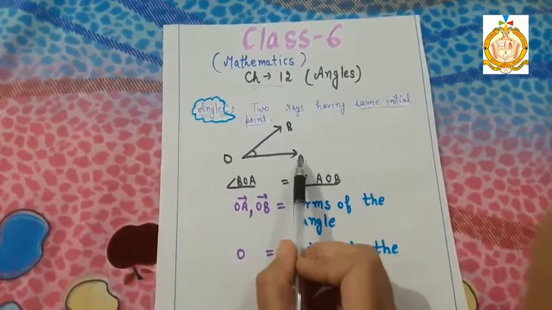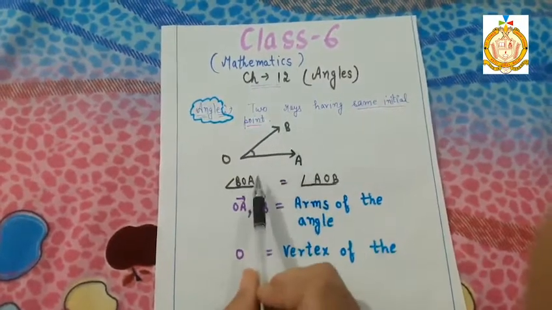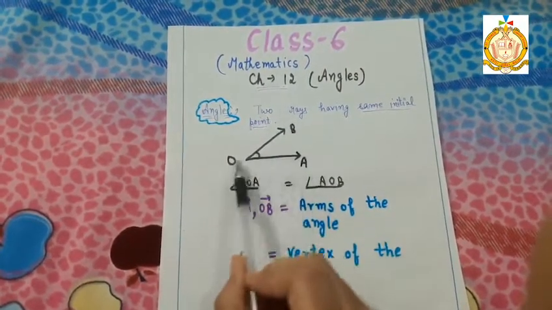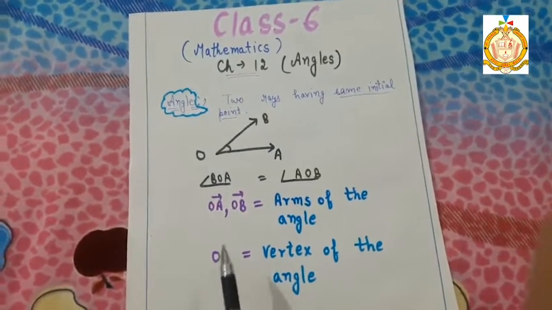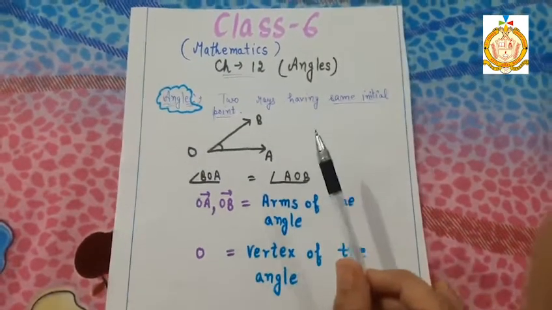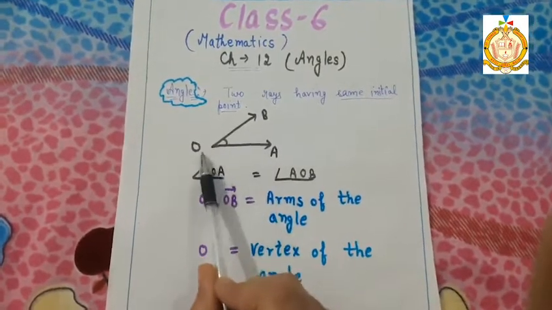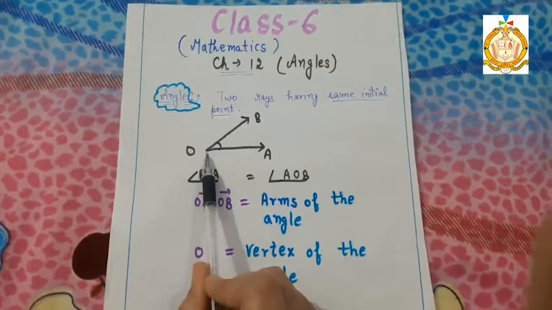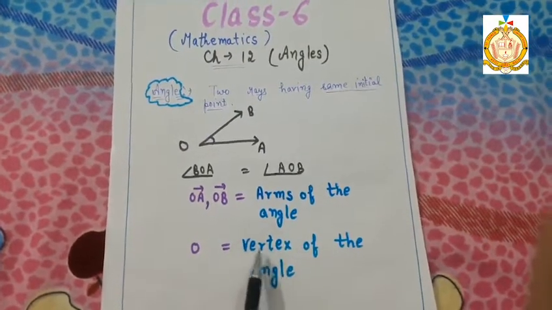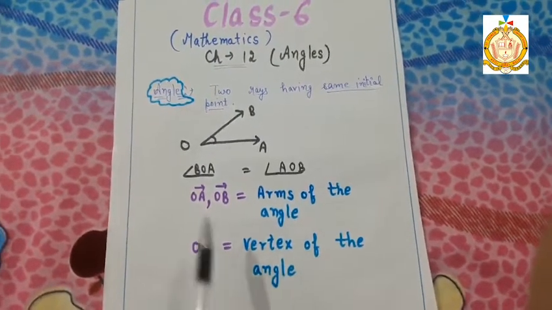Here the angle is angle AOB, or you may say angle BOA, and the common point is O, where these two rays intersect. Where these two rays are intersecting, the point obtained is called the vertex. So the vertex of the angle is O.